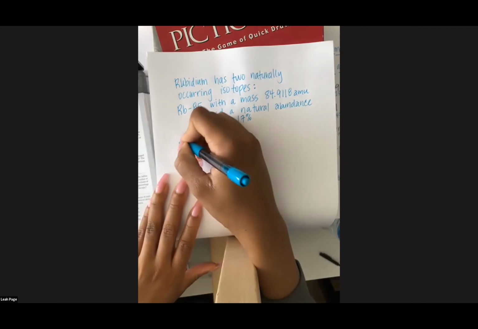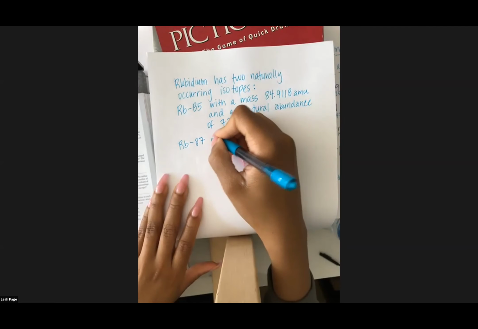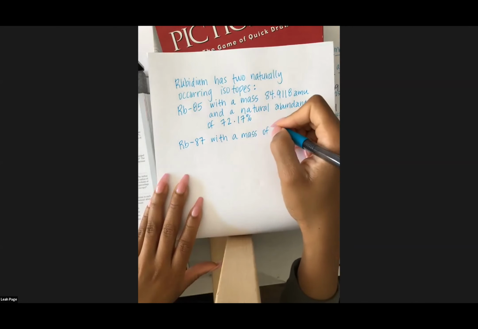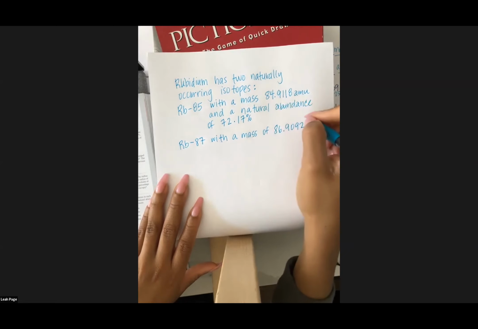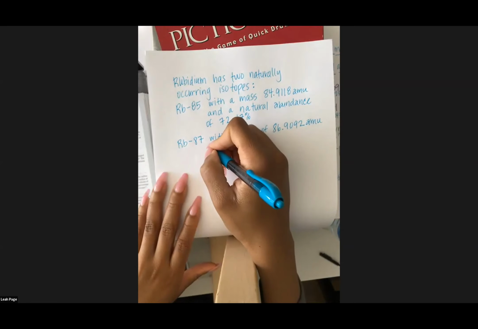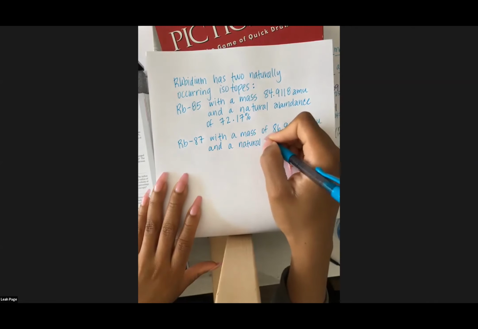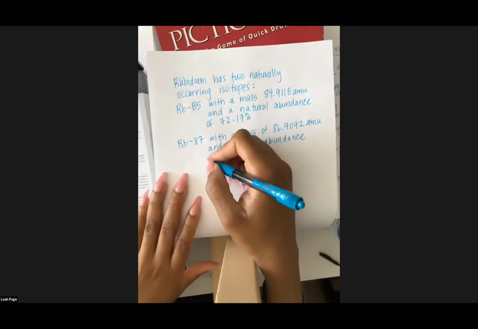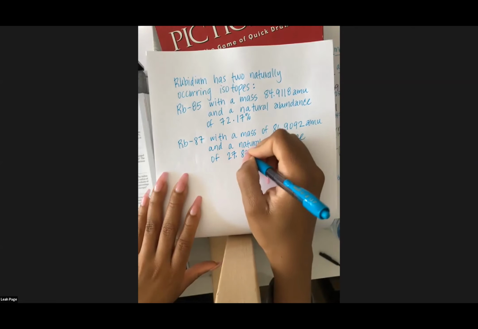And then there's rubidium 87 with a mass of 86.9092 AMU and a natural abundance of 27.83%.